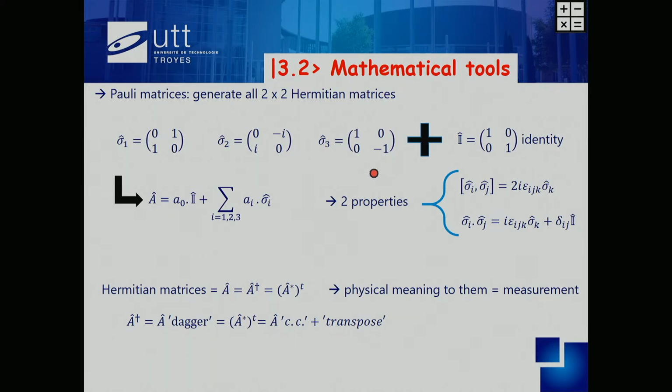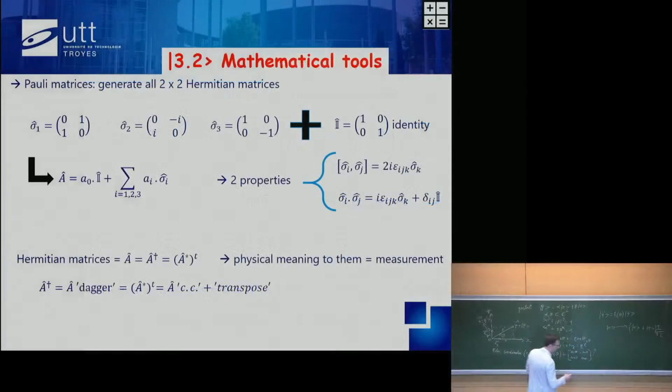Those matrices are particular because they're Hermitian, and it's not just because of the name, but because they have this particular property where a Hermitian matrix A is equal to itself with this symbol here, which we call dagger. So let me explain and show you what it does.